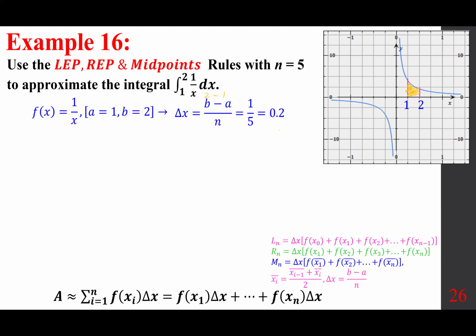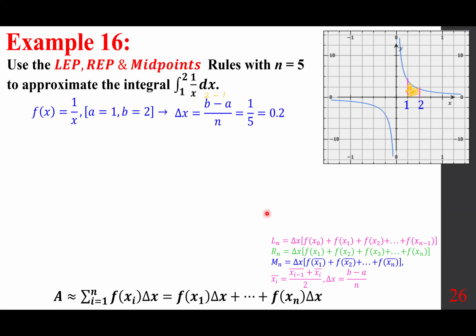The next step is I want to use the left endpoints, the right endpoints, the midpoints. How do I do that? Very simple. We are going to make this larger so it becomes clear from 1 to 2. And we're going to cut this into 5 equal parts.